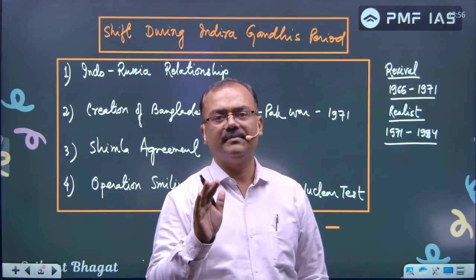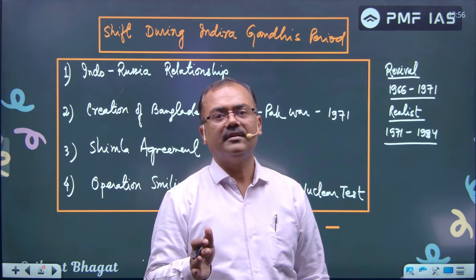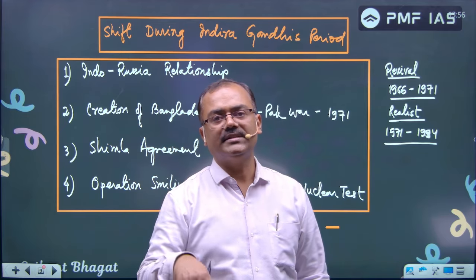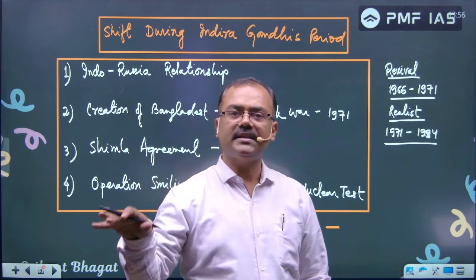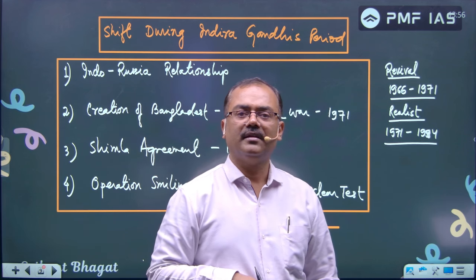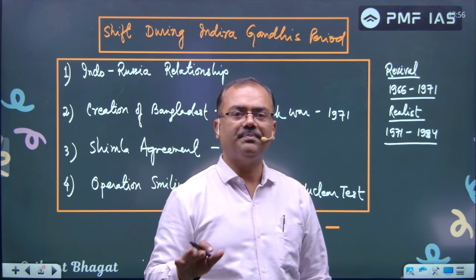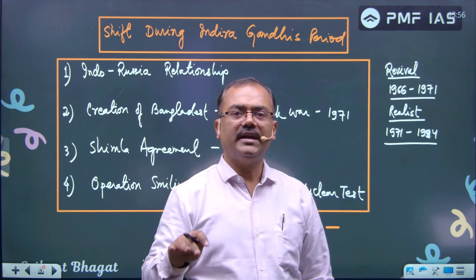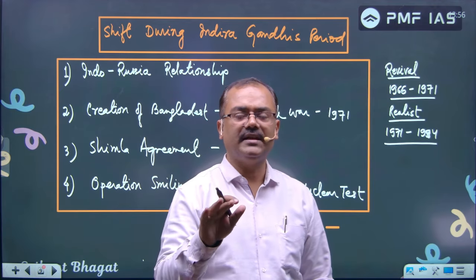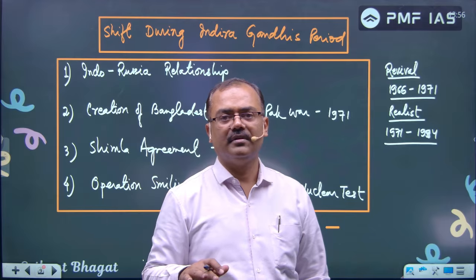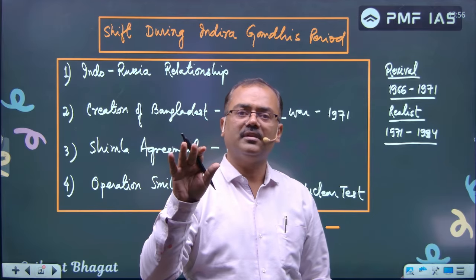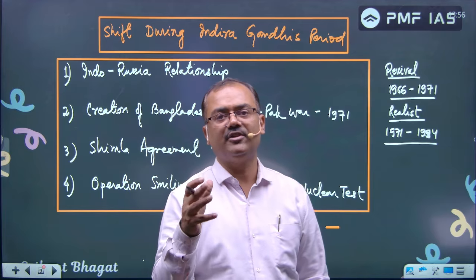Indira was definitely a very significant leader from the perspective of India's status in the international arena. India had no global standing as a nuclear power. India's first nuclear test, 1974, gave a signal to America and other parts of the world that India could be a nuclear power.